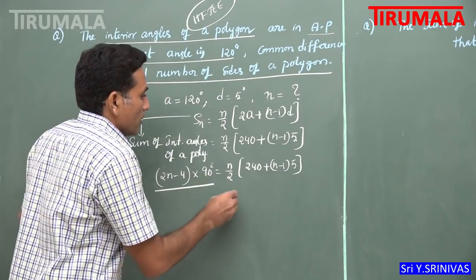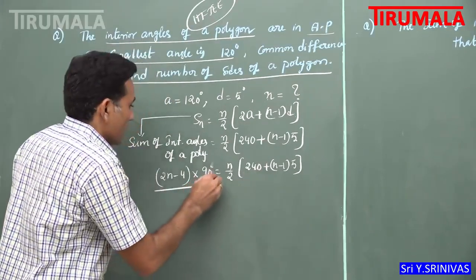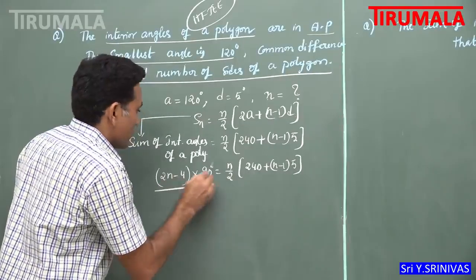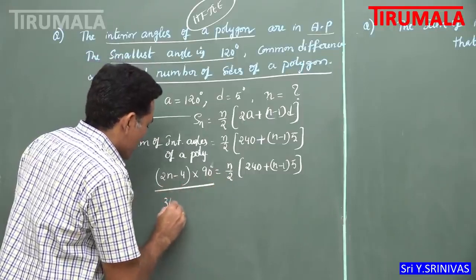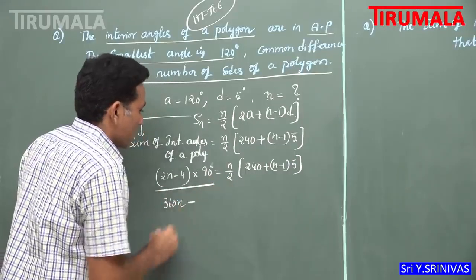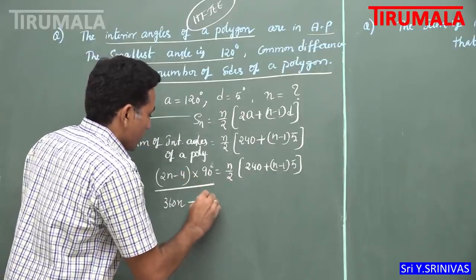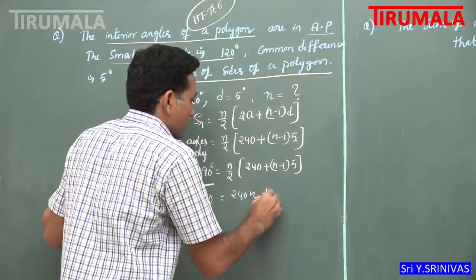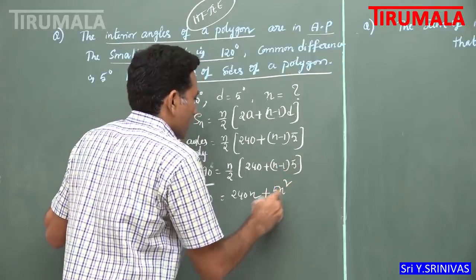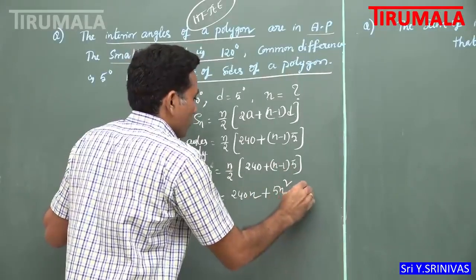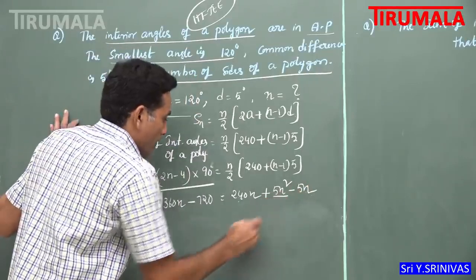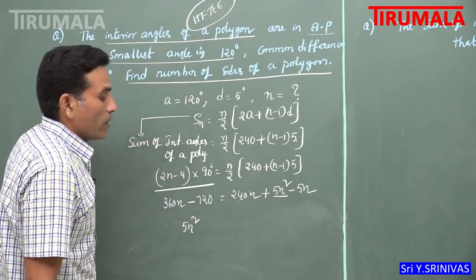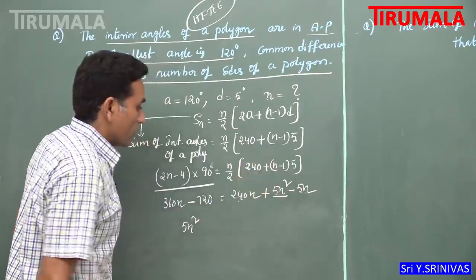Now I want to simplify here. 180 into 2 is 360, so 360n minus 4 twos are 8, that is 720, is equal to 240n plus 5n square minus 5n. 240 minus 5 is 235.